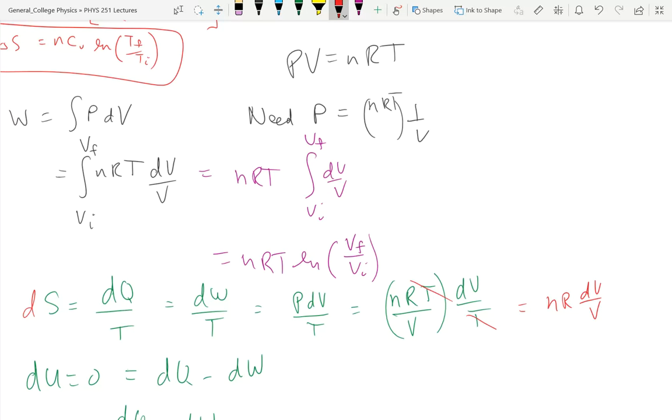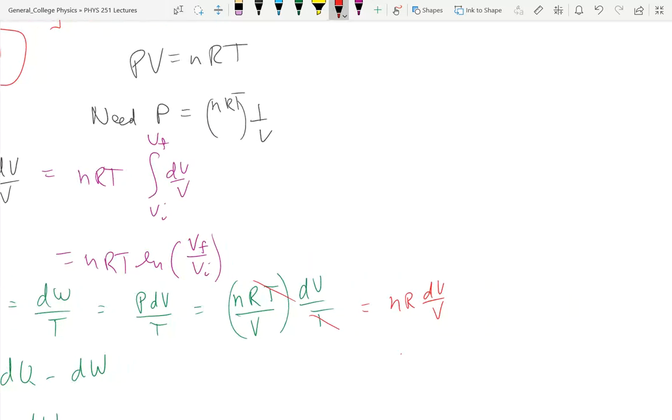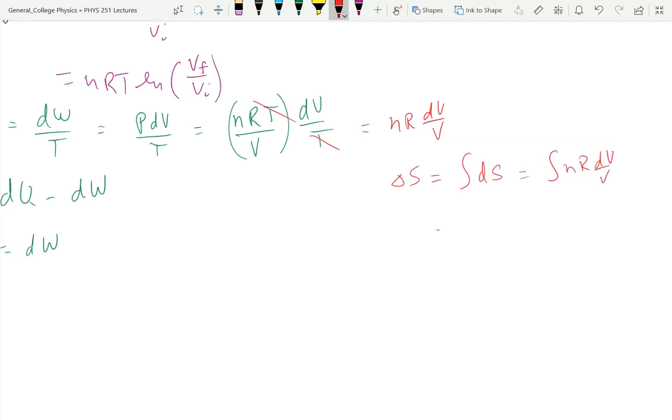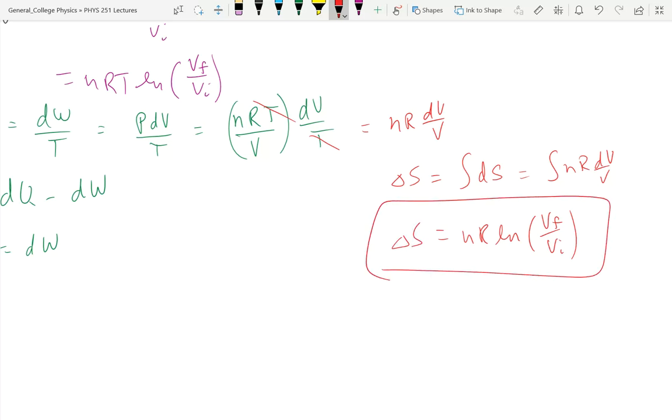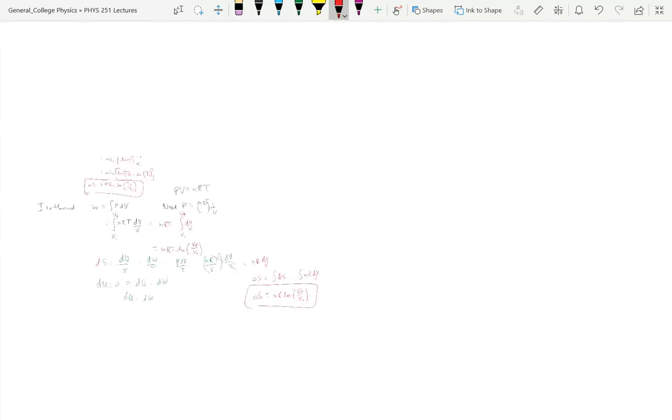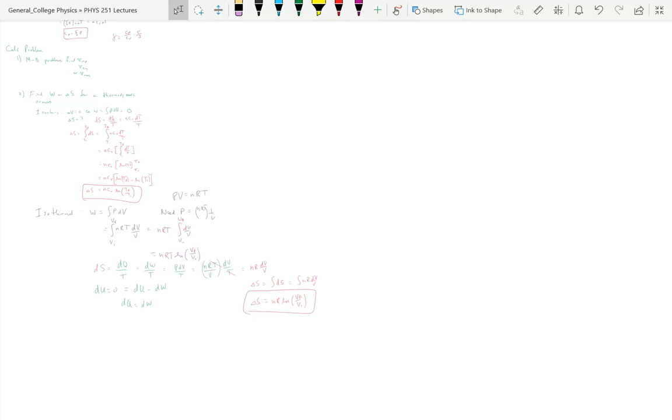We've already done it. So there's the work and the change in entropy for our isothermal case.